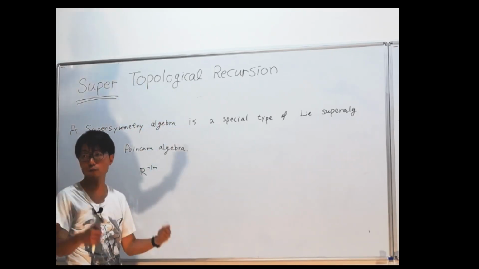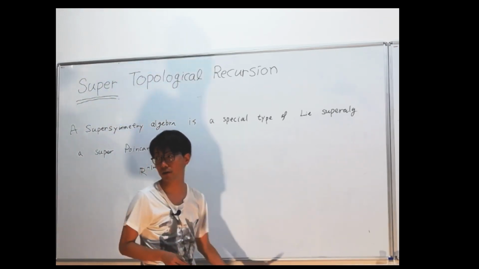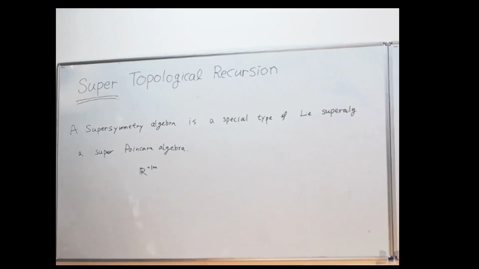It gives some sort of geometric meaning as well, and this is also why physicists care about it. Physicists normally care about the so-called unitary representations of the supersymmetry algebra. Of course, we are not going to talk about that. It's too much work.